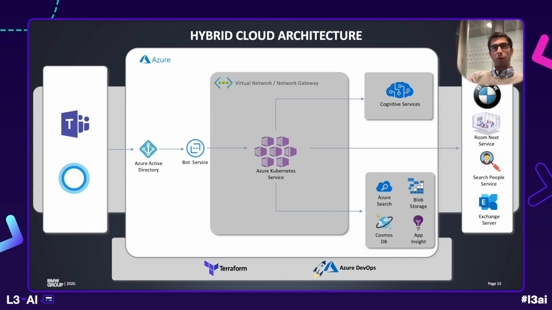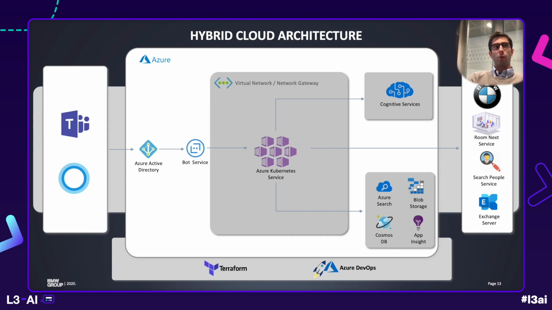What the Microsoft Bot Framework provides as a solution is to deploy the chatbot backend on App Services. What we decided instead is to use Azure Kubernetes for different reasons. One of them is the easy way the virtual machines in Kubernetes can connect to the BMW network.